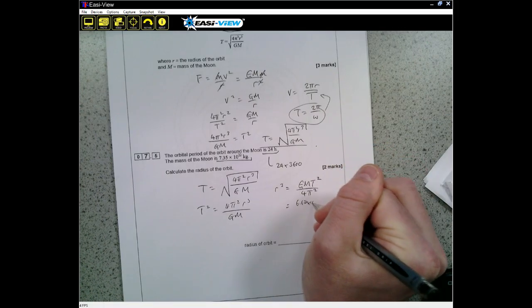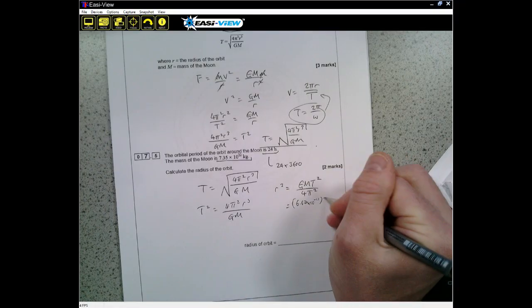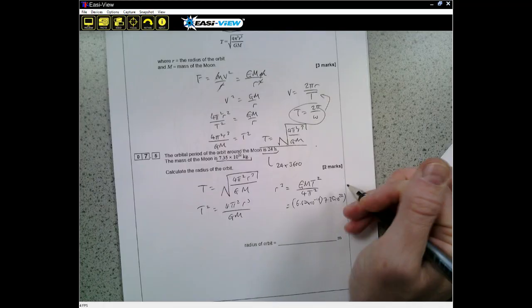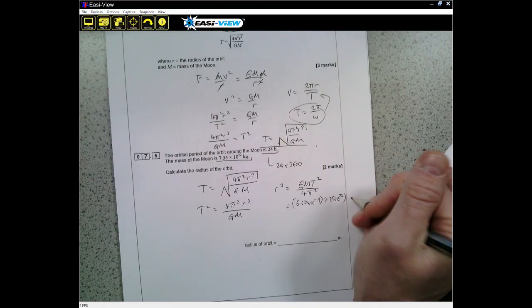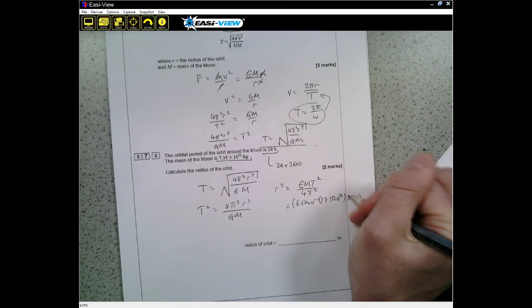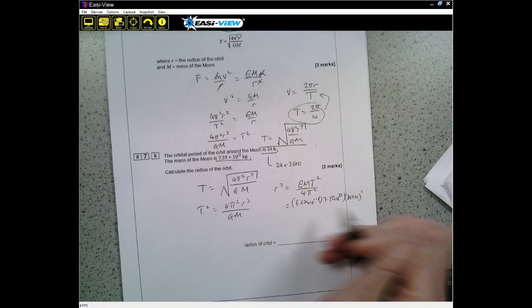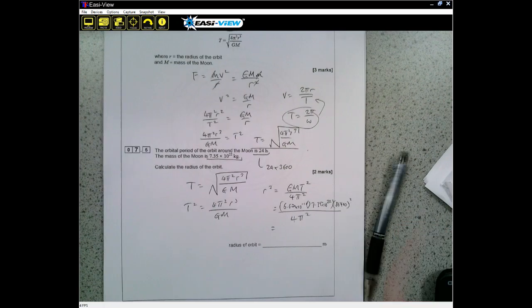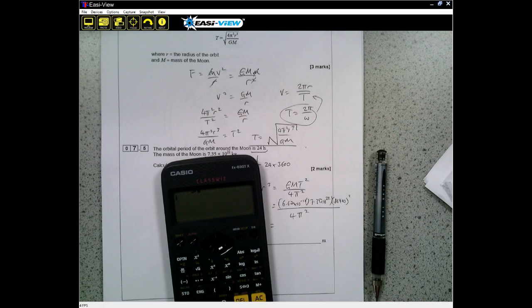So G is 6.67 times 10 to the negative 11. Mass of the moon, 7.35 times 10 to the 22. Orbital period, 24 hours, so 86,400 seconds, squared. You get that from this. And then over 4 pi squared. So do that calculation.